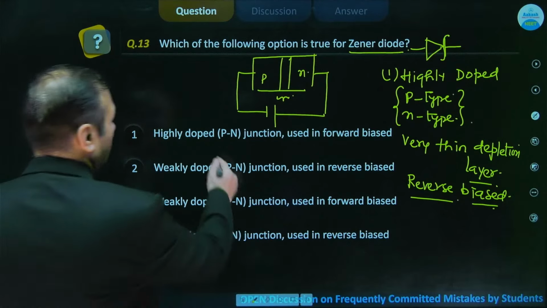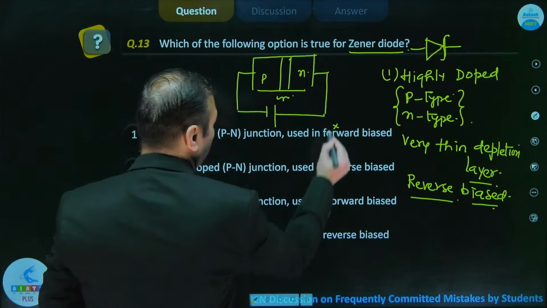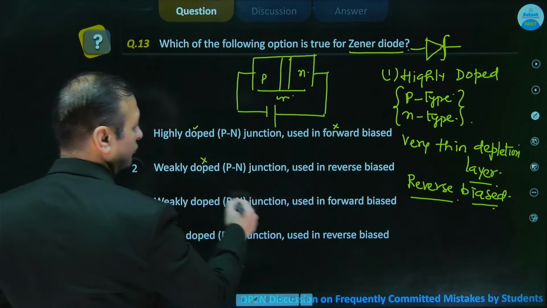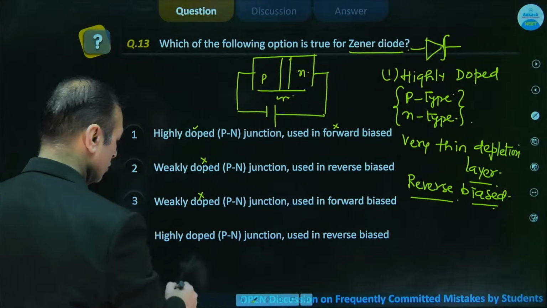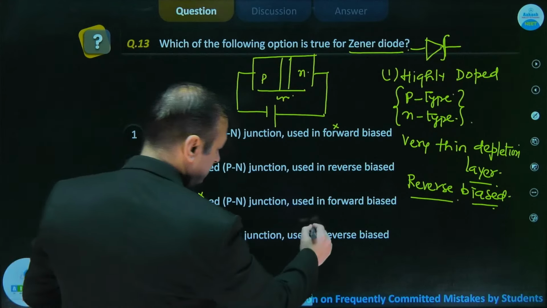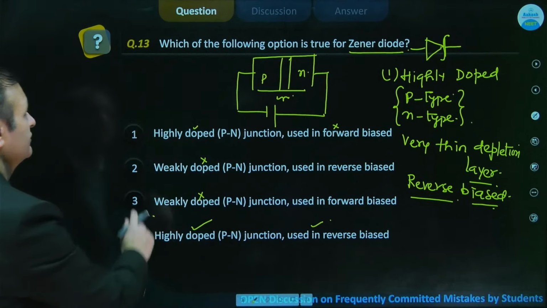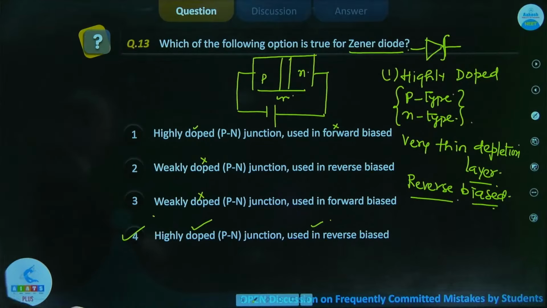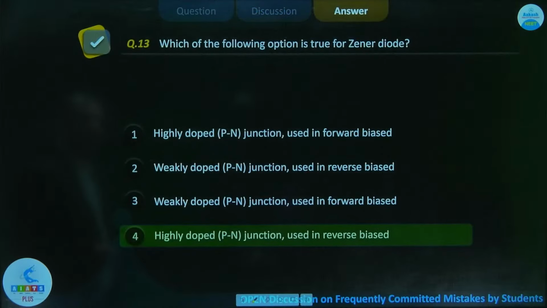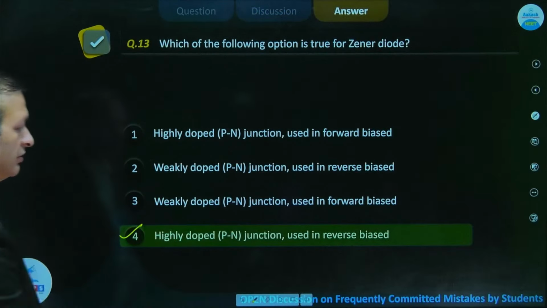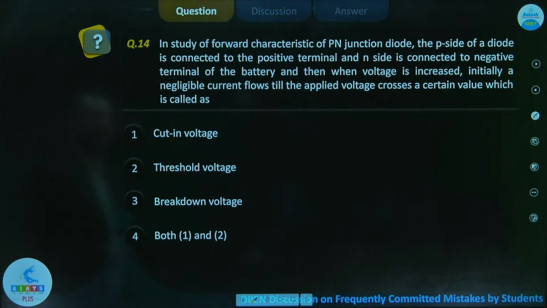Highly doped is correct, but used in forward bias is wrong. Weakly doped is wrong. Highly doped, used in reverse bias, so this is the fourth option we have. Yes, highly doped, used in reverse bias.